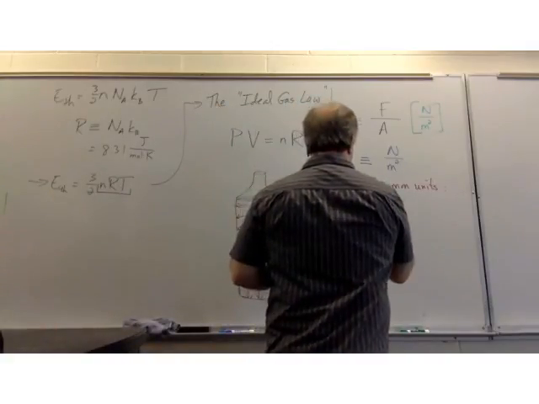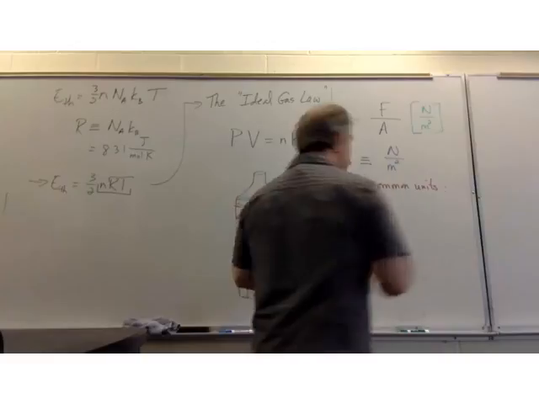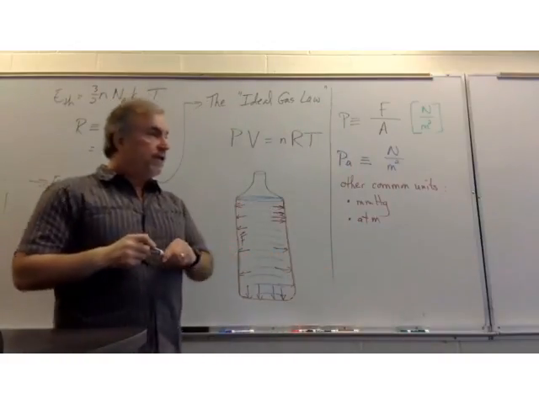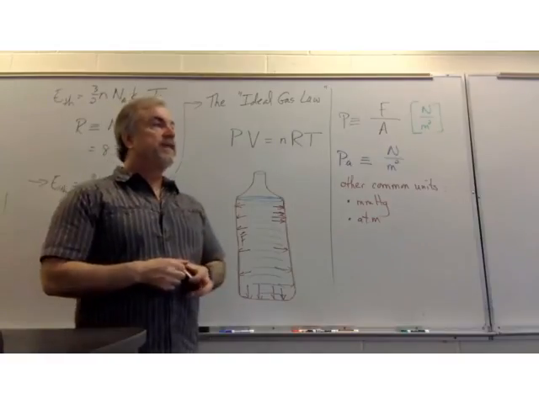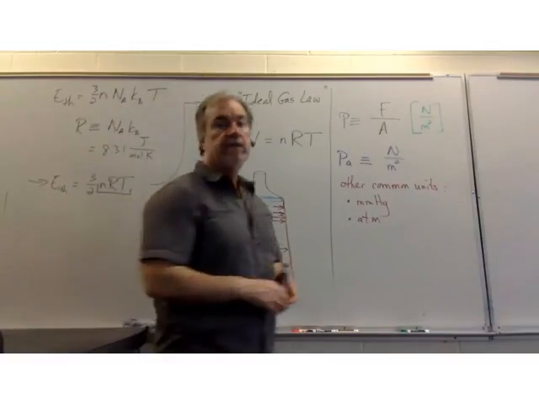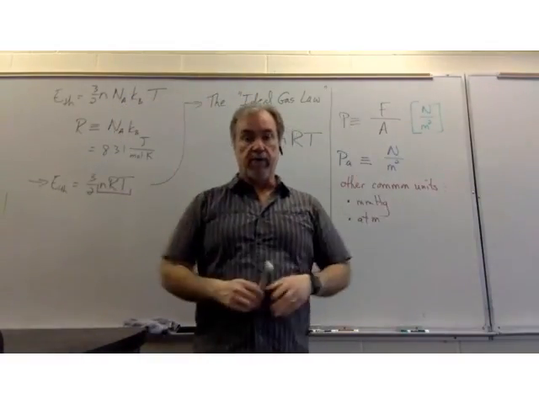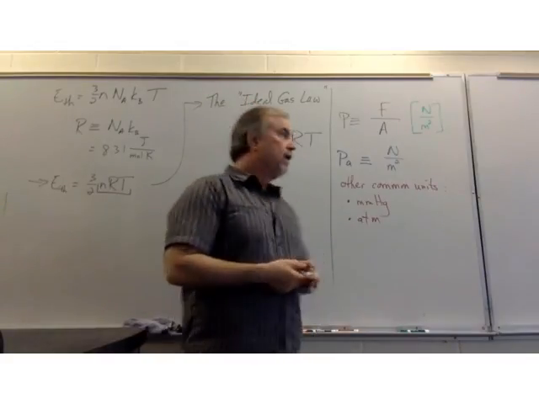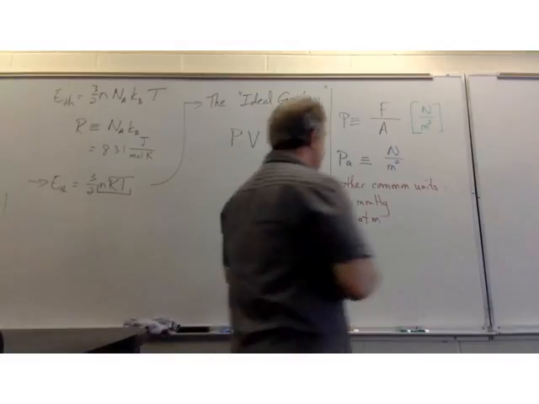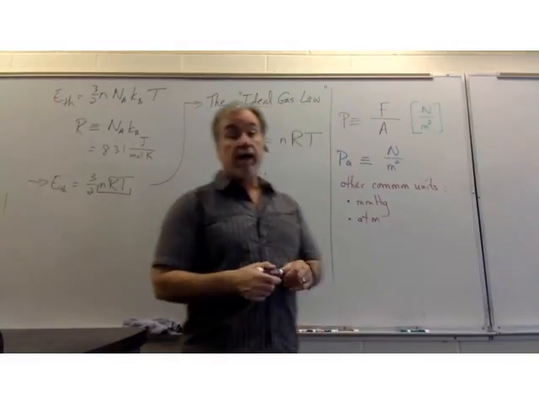Another one is the atmosphere, which is abbreviated atm. And these are not part of the SI system, by the way. The atmosphere is essentially the pressure that the atmosphere applies on you. And that turns out to be surprisingly high.